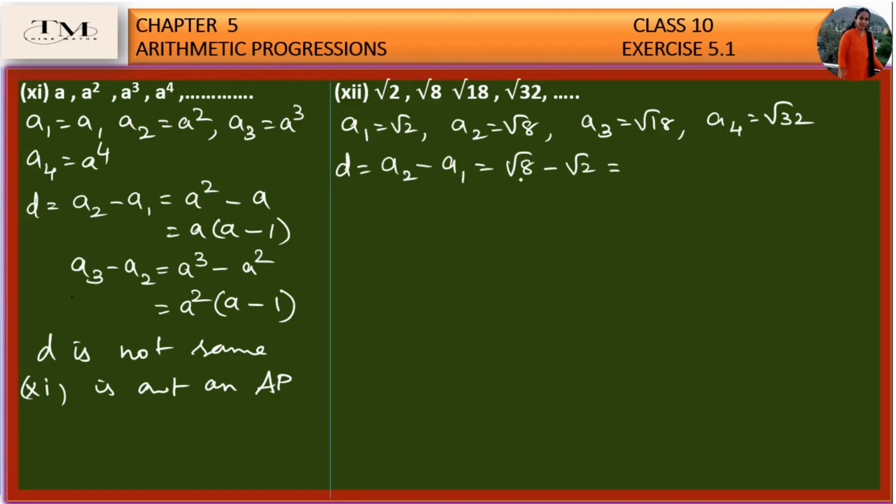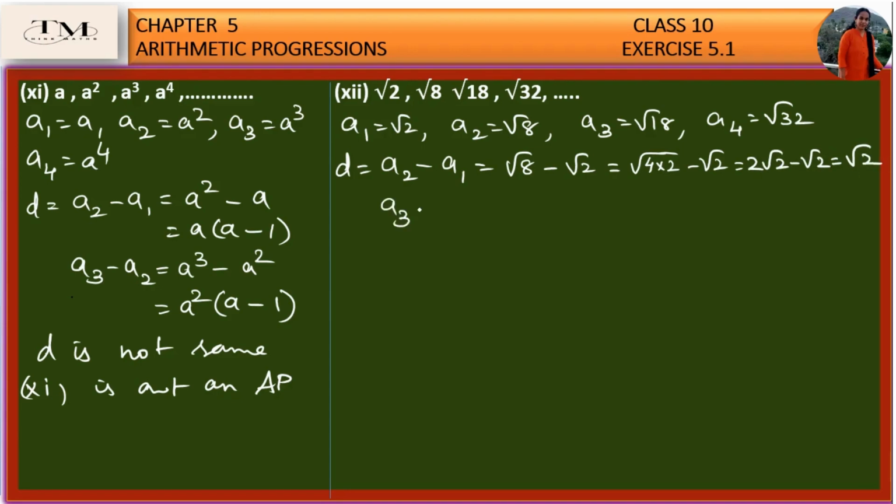I am going to convert this root 8 into root 2 form. So root 8 can be written as root of 4 into 2, minus root 2. 4 is a perfect square, so root of 4 is 2. So it is 2 root 2 minus root 2. So 2 root 2 minus 1 root 2 is root 2.